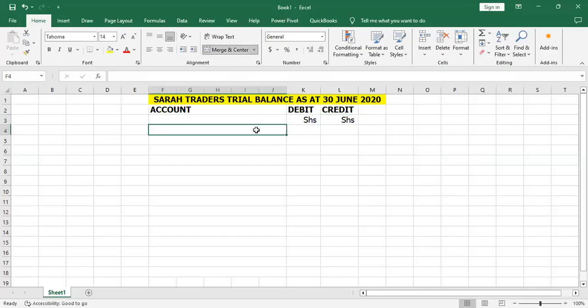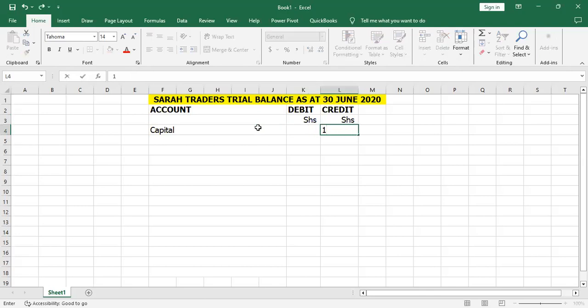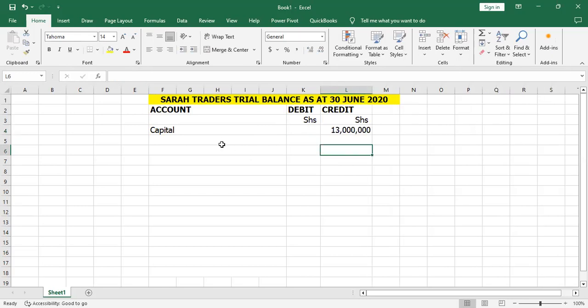I'll be writing the accounts and then the balances. So we have capital, 13 millions. Capital is a credit, so we put the balance on the credit column of our trial balance.